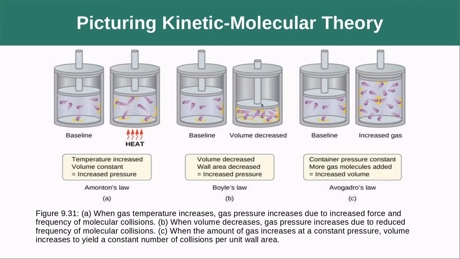And so that's going to make collisions more frequent and the pressure rises. Here we have our baseline, and if we increase the amount of gas in there, again, now there are more molecules to hit the container, and the pressure rises and the piston moves up.